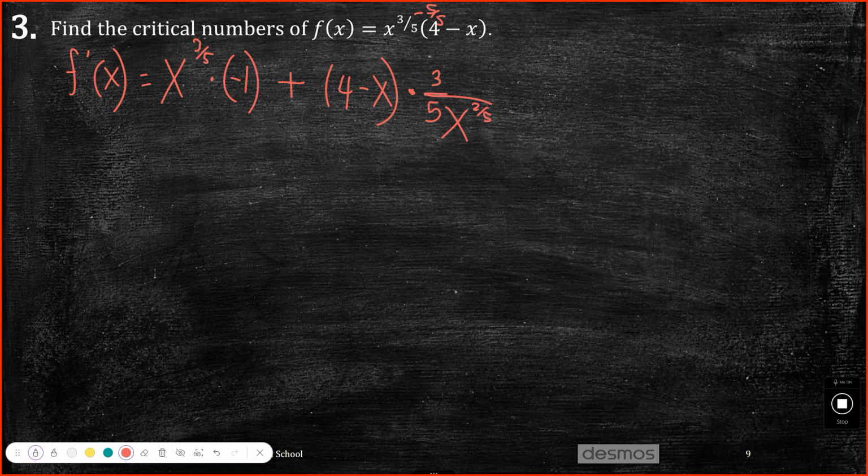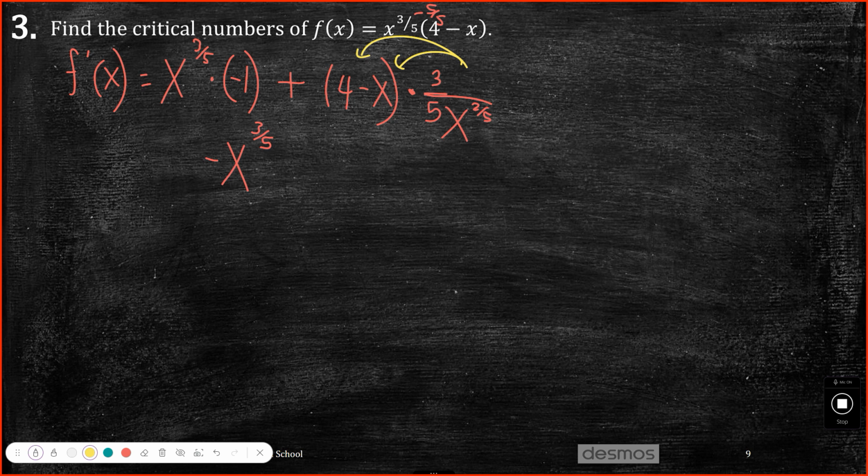What are we going to do now? We're going to set it equal to 0. So this thing is going to be negative x to the 3/5. Are we going to distribute this? I don't know. Let's distribute, and we're going to set it equal to 0.